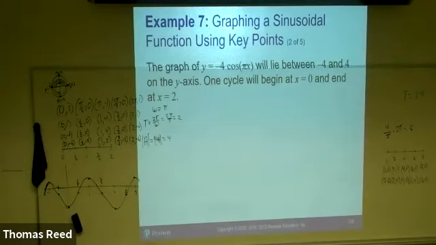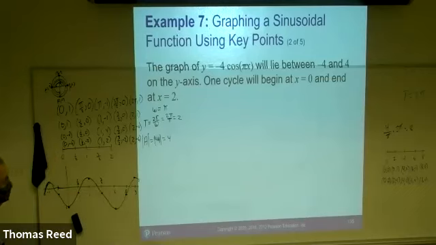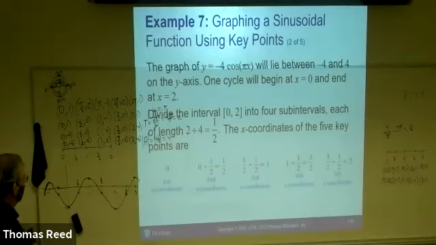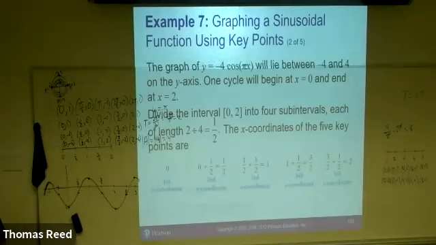And then one cycle begins at 0 and ends at 2. So dividing that into 4 regions, each region is 1/2, and you find the 5 key points by adding 1/2 and then adding one. Well, I like to do it on the number line. It's a lot easier to calculate those values.